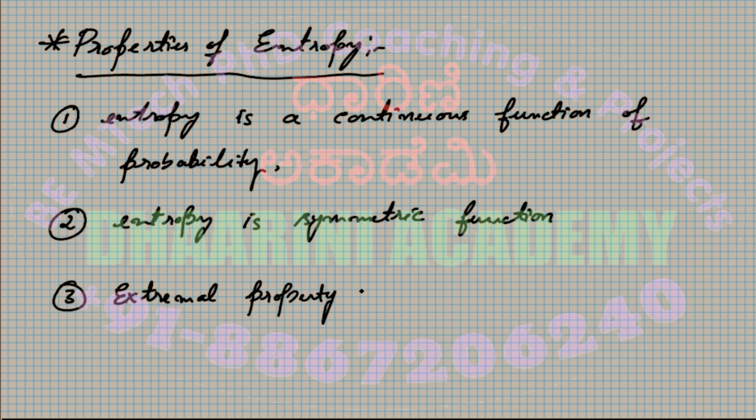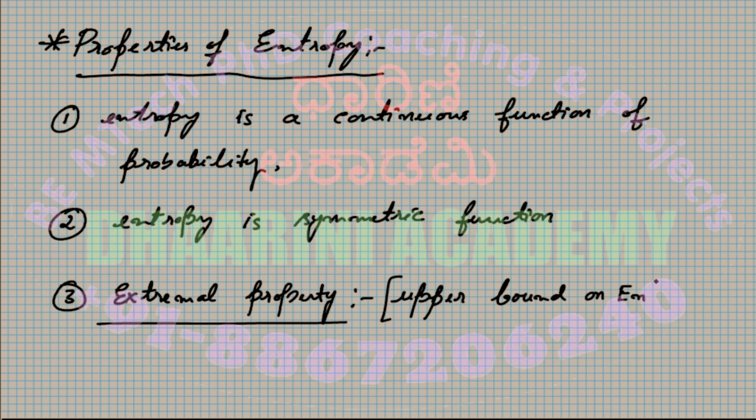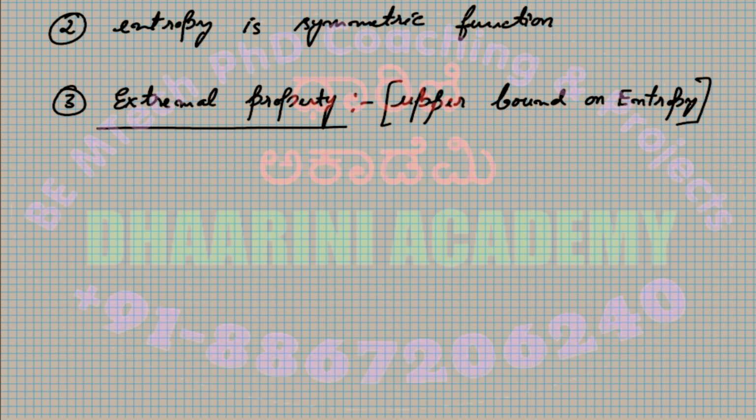It's the extremal property, which is used to find the upper bound on entropy. What is the highest value of entropy? That's what we are going to find now.